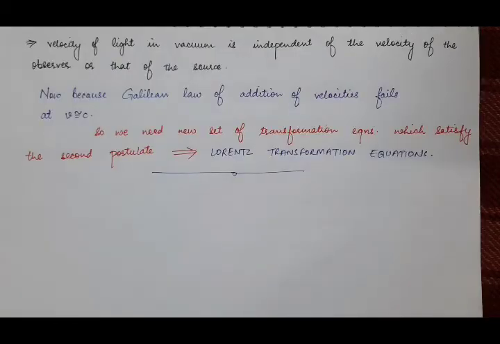And as I have already told you, we need another new set of transformation equations which satisfy the second postulate, because when v is comparable to c, the Galilean transformations fail as v approaches c. So a new set of transformation equations was proposed by Lorentz, known as Lorentz transformation equations, which we will derive in our next lecture.